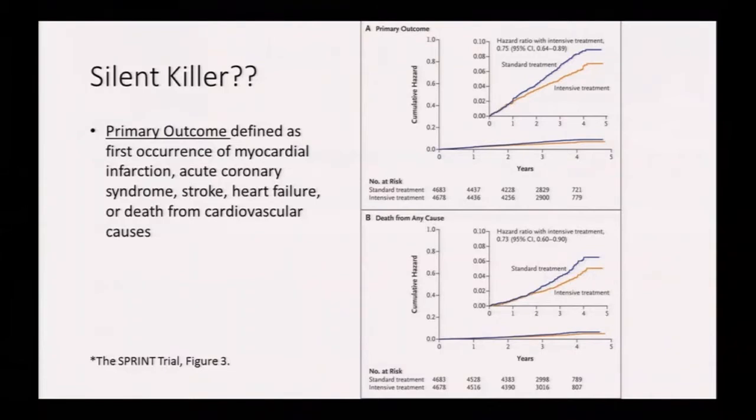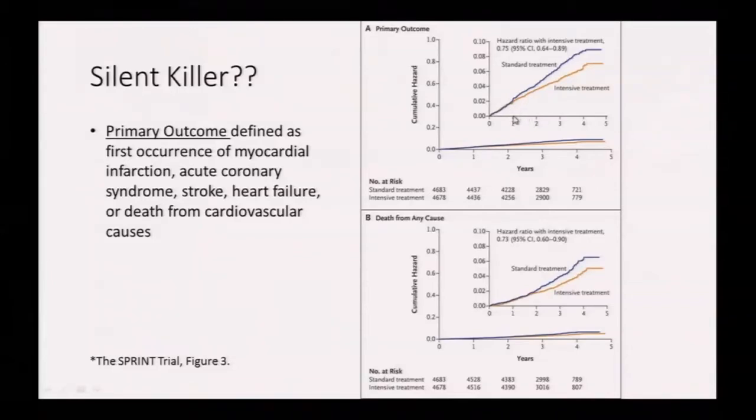I took this figure from the SPRINT trial, and I wanted to show it here because it shows really important information when you look at it. The graph on top right here shows the primary outcome, which, like we said, was defined as first occurrence of myocardial infarction, ACS, stroke, heart failure, or death from cardiovascular causes.